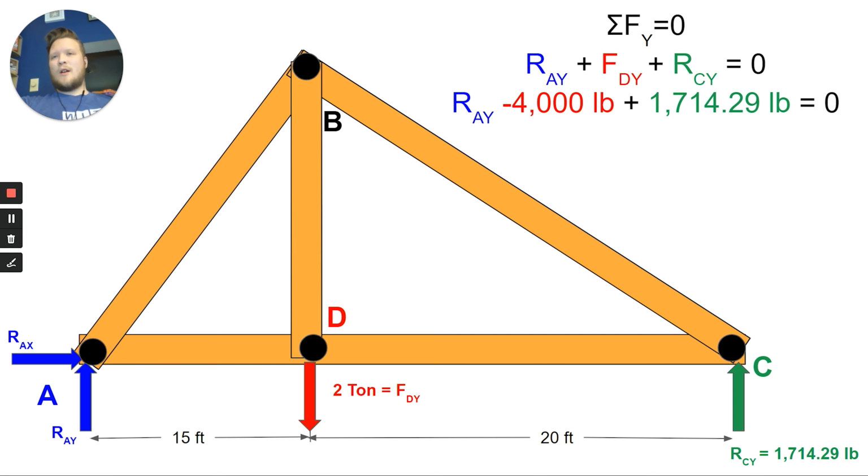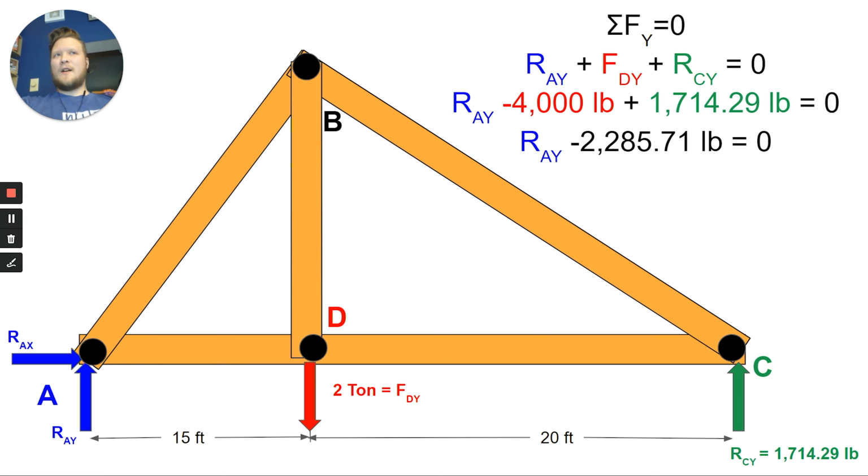So RAY we don't know, plus negative 4,000 pounds, because remember, 2 tons is 4,000 pounds. We did that conversion earlier, and it's going in the negative y direction, plus RCY, which is 1,714.29 pounds. Again, unrounded. I'm just not going to say every single decimal place.